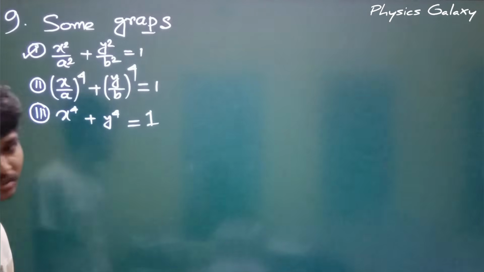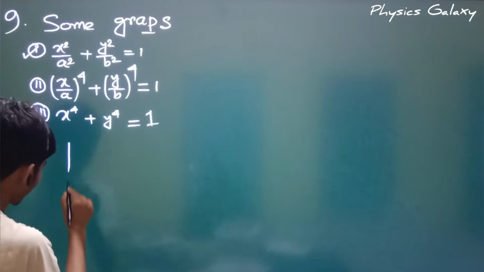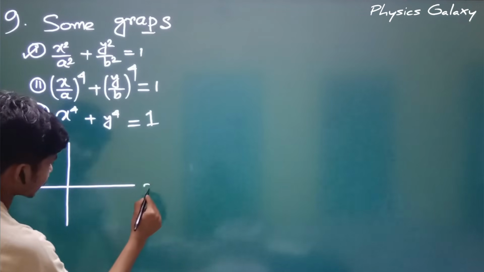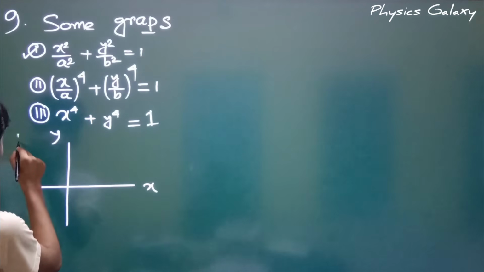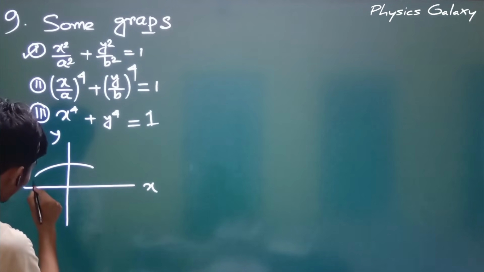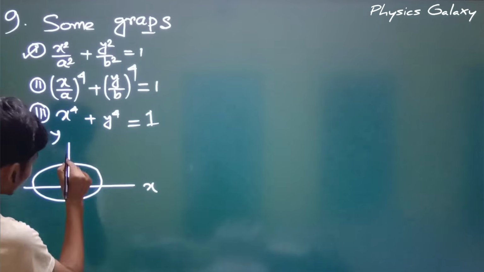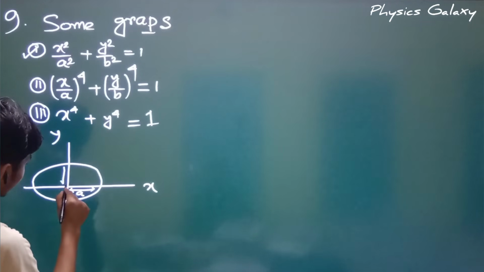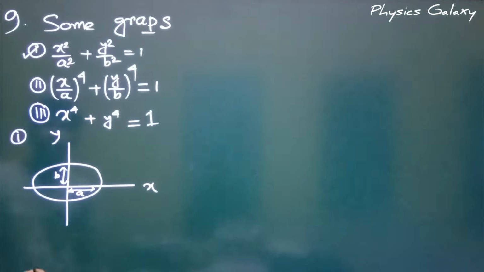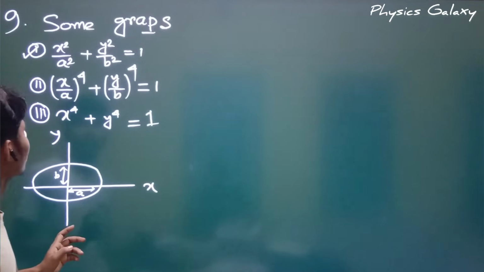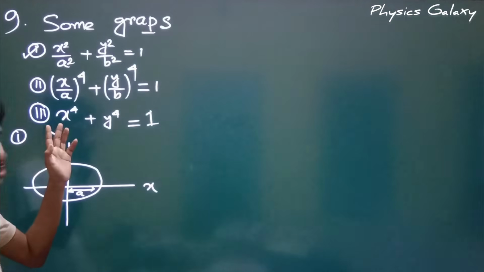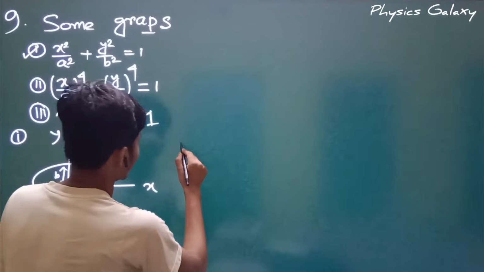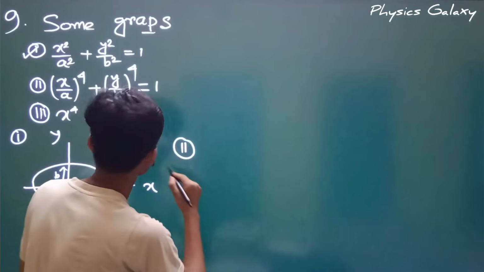So we know that this is the standard equation of an ellipse, like this, where this is a and this is b. Then one professor modified this equation to a second one and asked me to draw it. So I drew it like this.